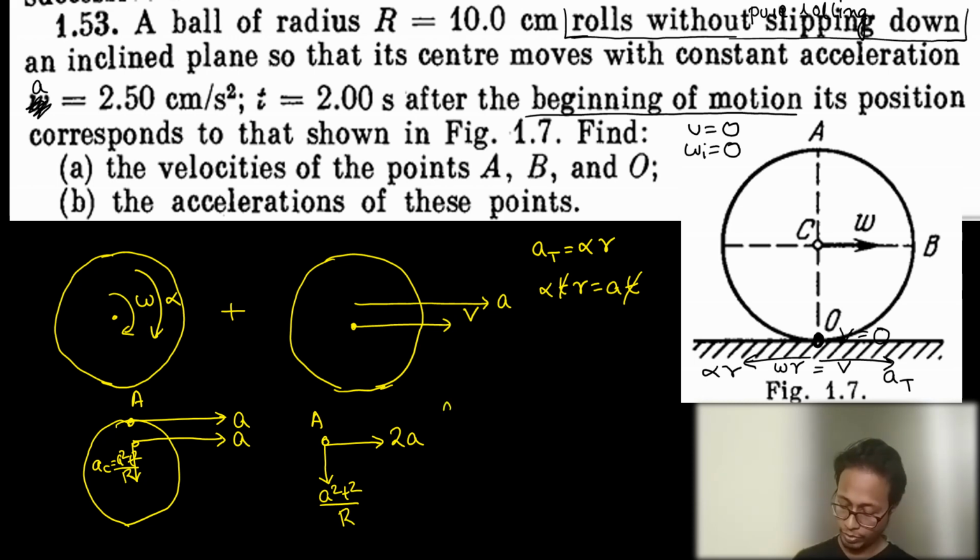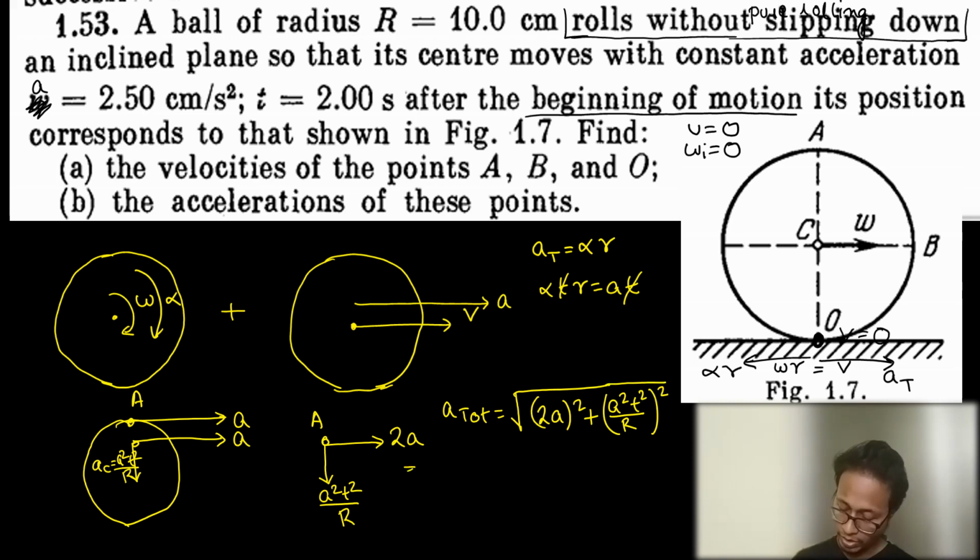So the magnitude of total acceleration is the square root of (2a) whole square plus (a square t square by r) whole square.